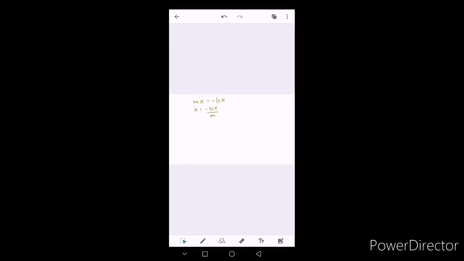Okay, so like our derivation before, by extracting the roots of our x, we will have m squared is equal to negative k over m.